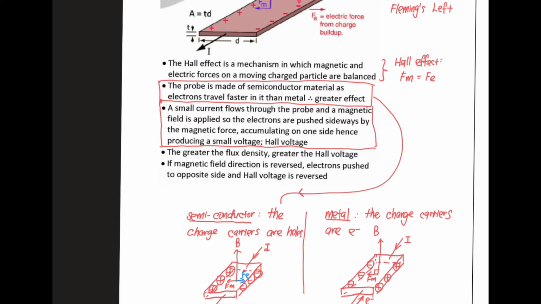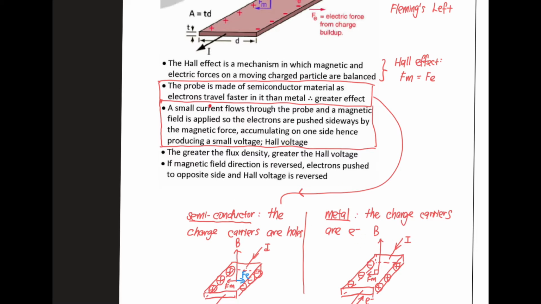So this statement is okay if we are using metals. Then the electrons are pushed sideways, so it creates Hall voltage. What is Hall voltage then? Remember, this third point is for metals. For semiconductors, we don't say it this way.